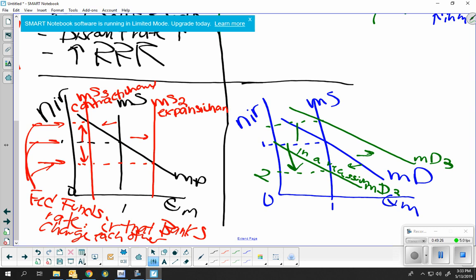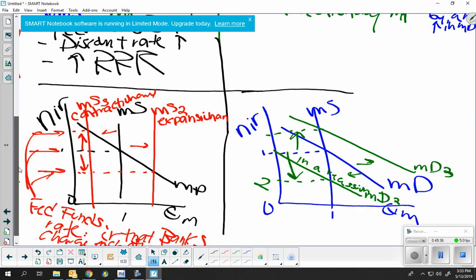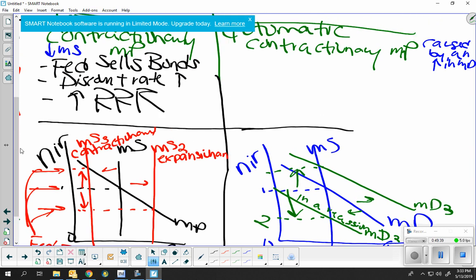Of course, that raises interest rates for businesses to take out a loan, because you're too busy spending money, not giving them any to spend. And that's automatic contraction. I'm gonna write it right here. So in inflation, people are spending more.